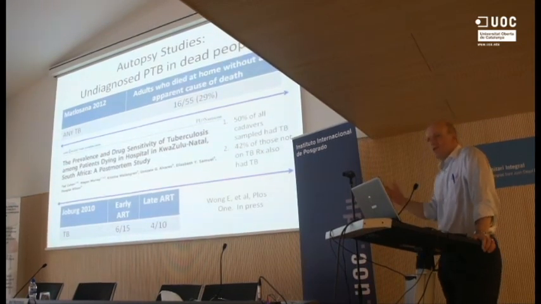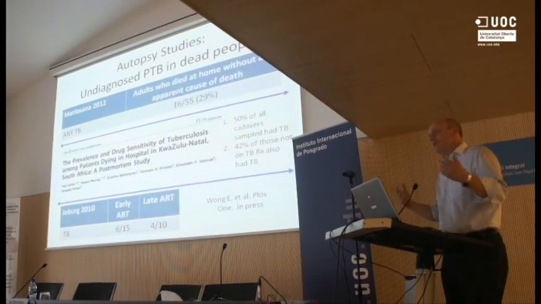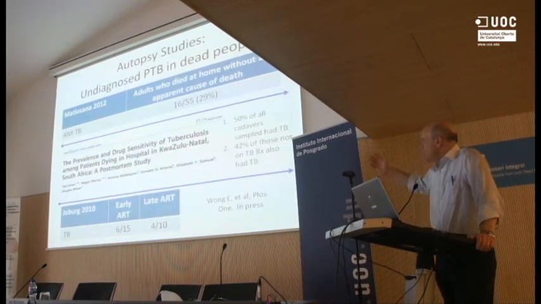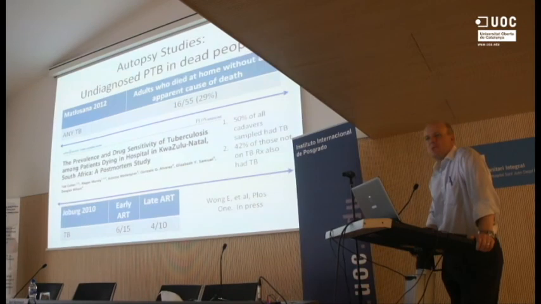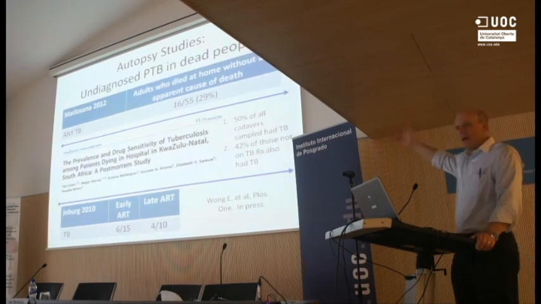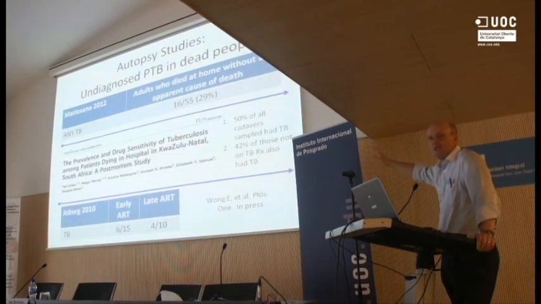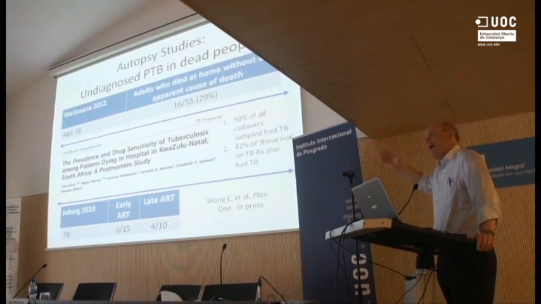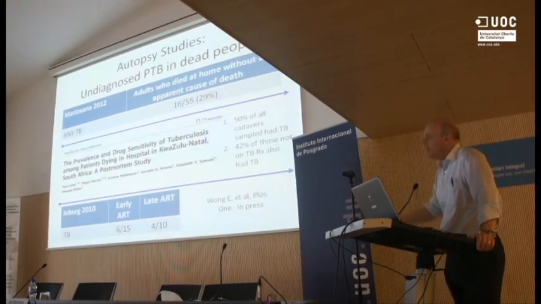But of those not on TB treatment, and I think they used not being on TB treatment as a proxy for undiagnosed antemortem, about 42% of them also had TB that had been undiagnosed prior to death. So clearly, if you start adding up these numbers and applying them to the total mortality in South Africa, these will add to the number of TB cases and the opportunities for transmission to carry on in the absence of treatment.